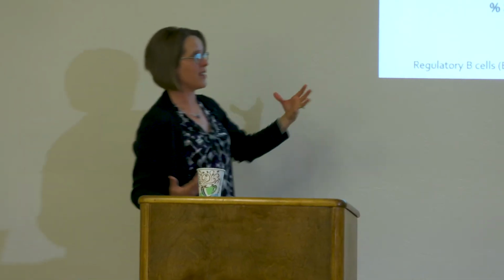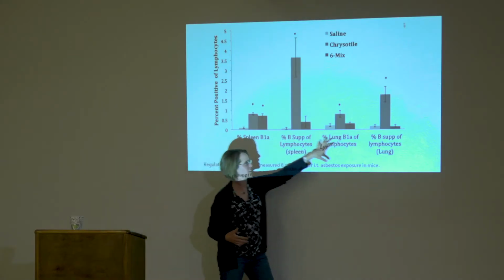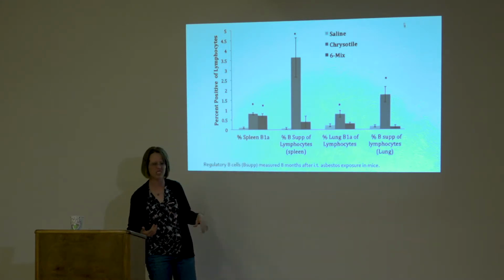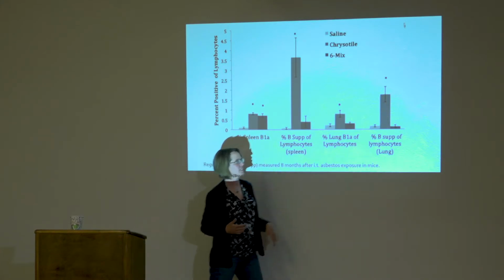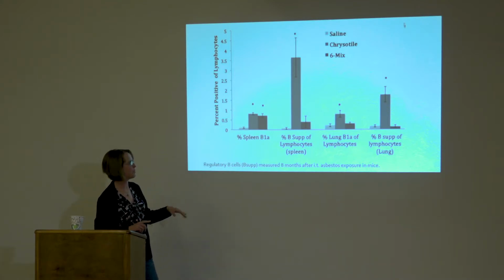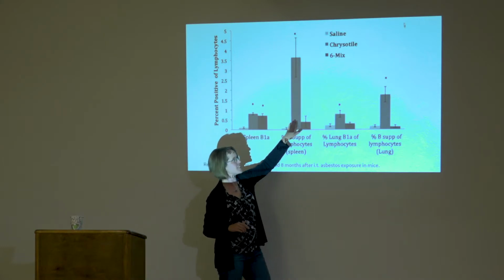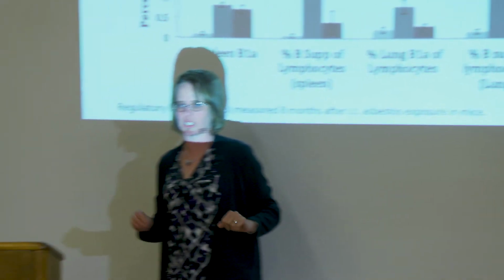And we have some in vivo data to support that. If we just focus here and here, these are B suppressor cells or B regulatory cells. They're the same thing. We look at lymphocytes in lungs of mice that were exposed intratracheally to asbestos fibers. 8 months later, with chrysotile exposure, we see statistically significant increases in B regulatory cells.